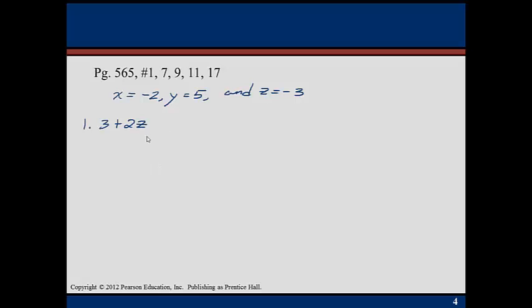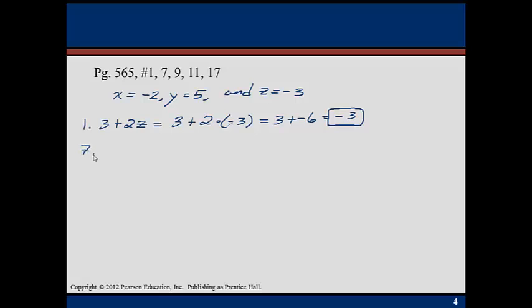So the first thing we're going to do is replace the z. And we'll keep everything else the same. So we'll have 3 plus 2 times negative 3. And then we're going to work this out. So 3 plus 2 times negative 3, that's the same as saying 3 plus negative 6, which is negative 3.